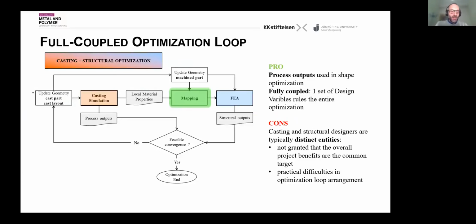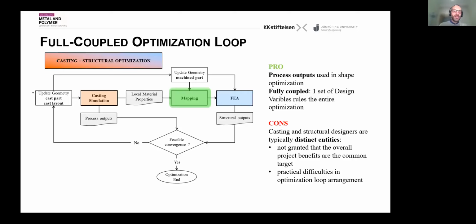When we started looking at this process more in detail from the designer perspective, we went to that idea of the full coupled optimization loop. You know that there are a lot of optimization algorithms, and they need some driver, some variable that drives the optimization loop, and then we go to convergence with the output that we require.